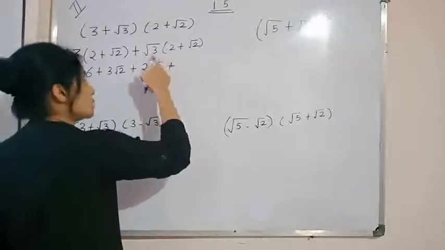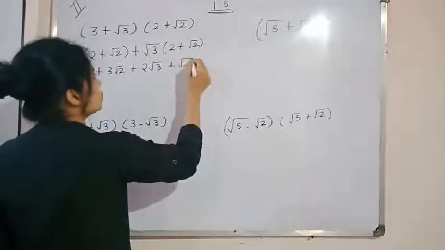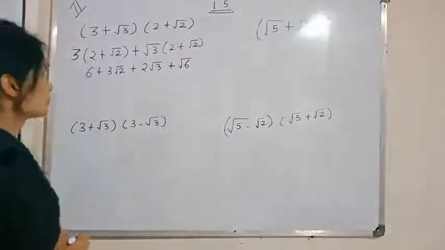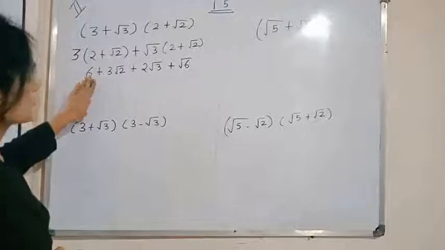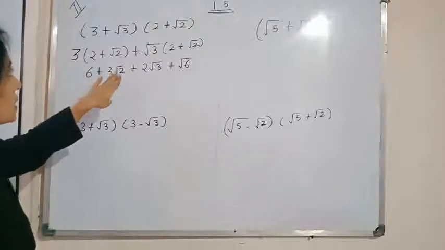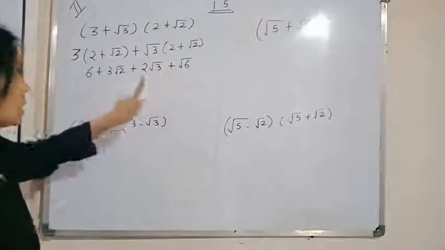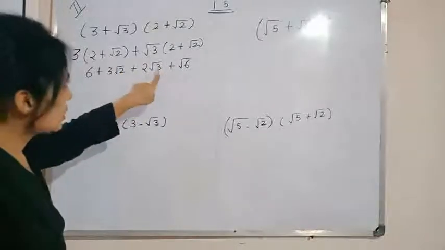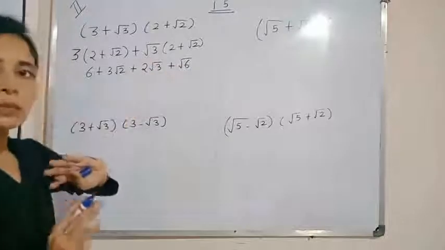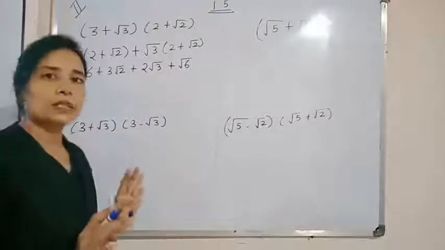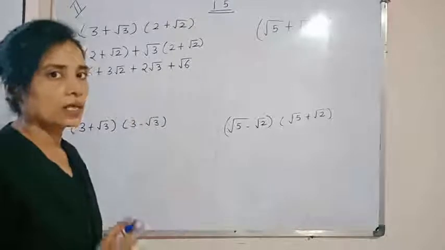Plus root 3 into root 2 would be root 6. Now you see this is 6, this is 3 root 2, this is 2 root 3, this is root 6. You just see this is under root 2, under root 3, under root 6. All the numbers are different. No addition, subtraction, nothing is possible. So this is your answer.